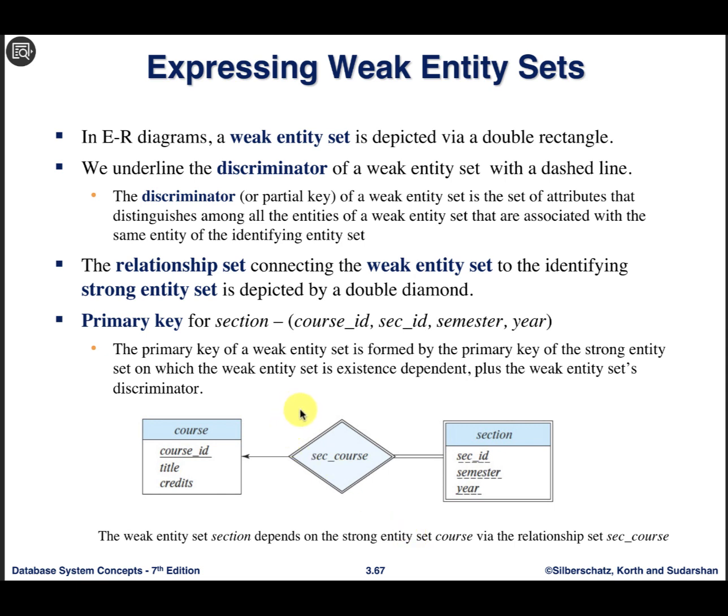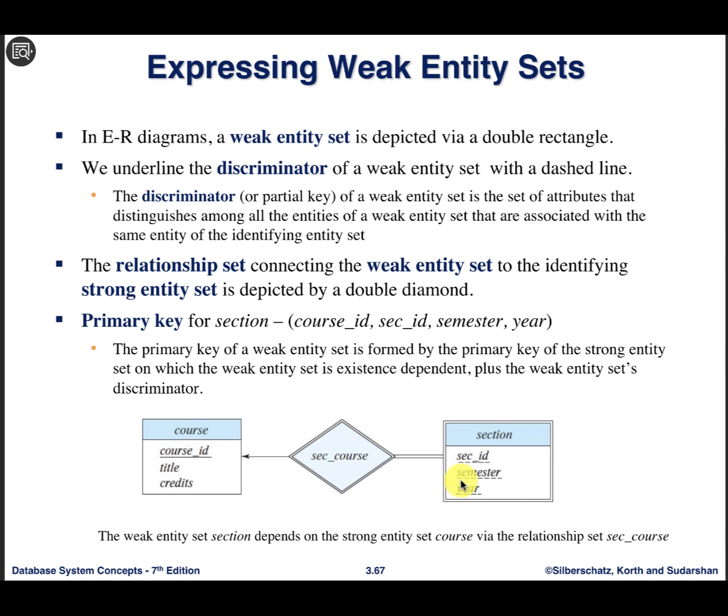One thing I need to add here, we do have a set of attributes listed in the section. We call this the discriminator of the weak entity, and we underline them with a dashed line. What does that mean here? We call them the partial key, a set of attributes that belongs to the weak entity, which with the help of the primary key of the strong entity is going to uniquely identify any instance within this entity set.